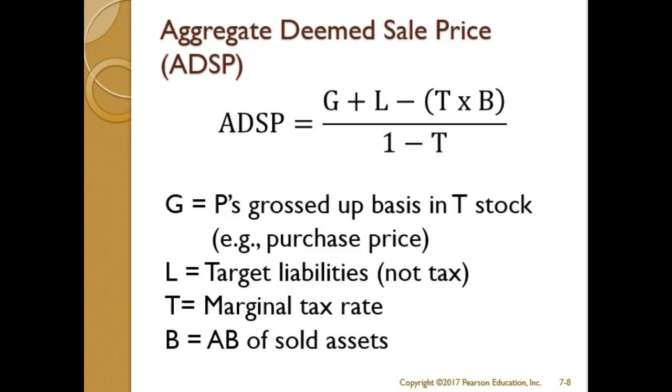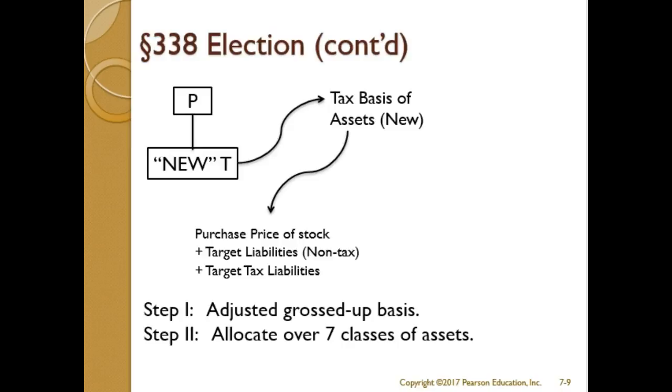So that's the calculation. And when you do that, you have adjusted grossed up basis, and then you allocate over 7 classes of assets.